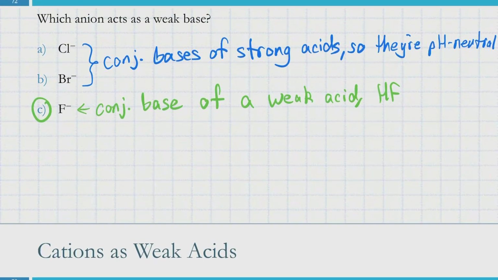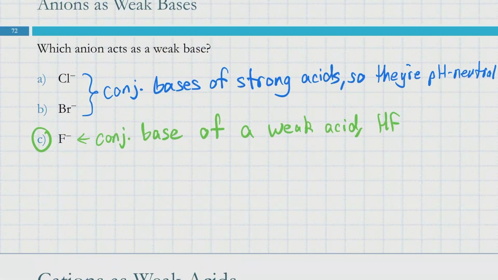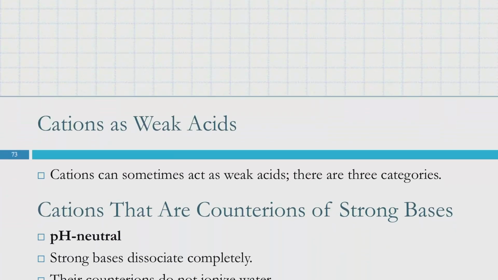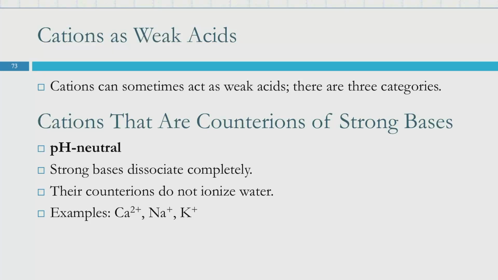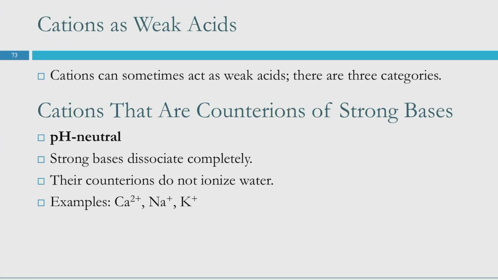All right, the other side of the coin, we can also have cations that behave as weak acids. This is a similar idea to anions that are weak bases. So we've got three categories of things. We've got cations that are counter ions of strong bases. These are going to be pH neutral, just like our conjugate bases of strong acids were pH neutral.